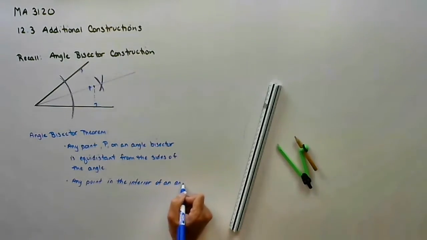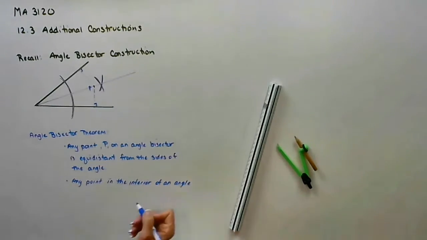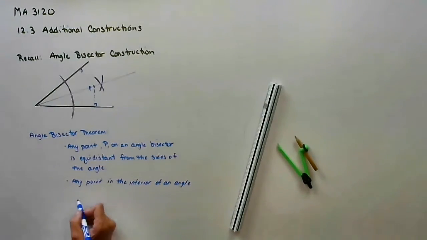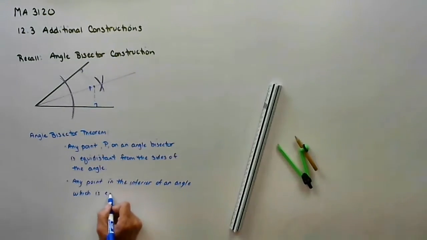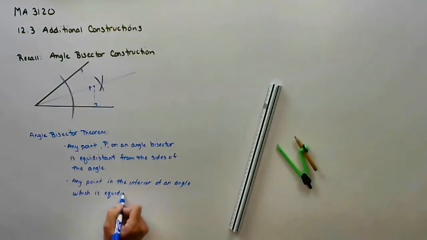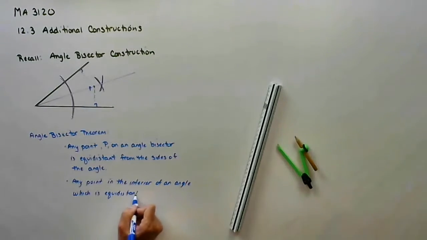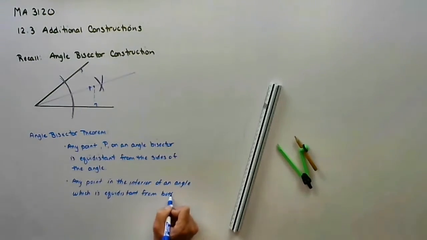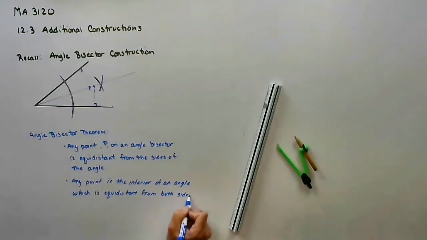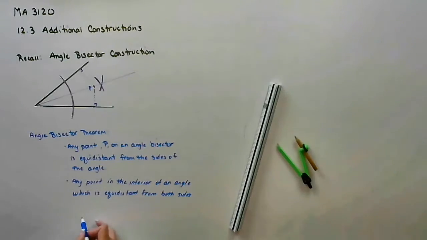Any point on the interior of an angle, which is equidistant from both sides, is on the angle bisector.